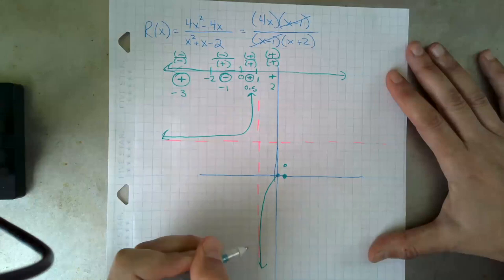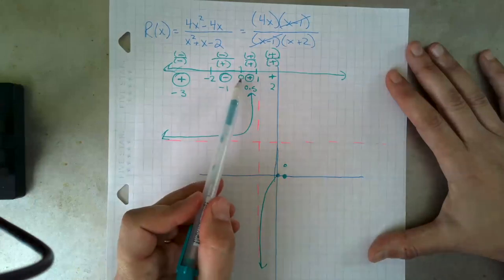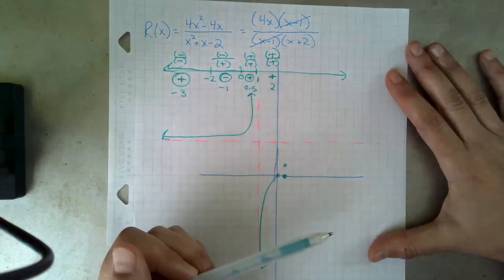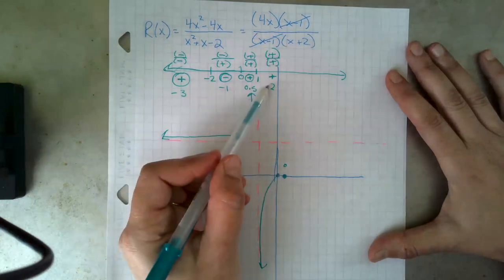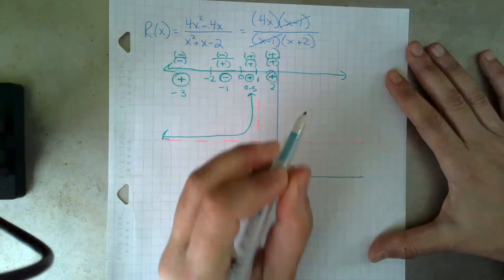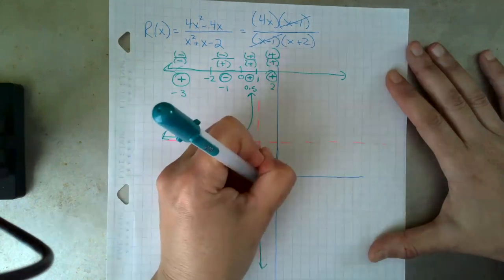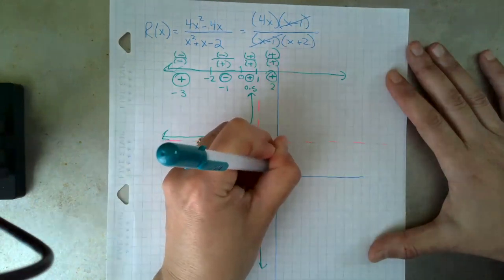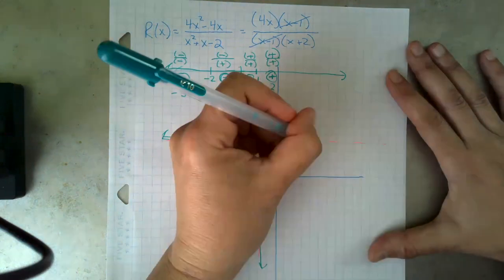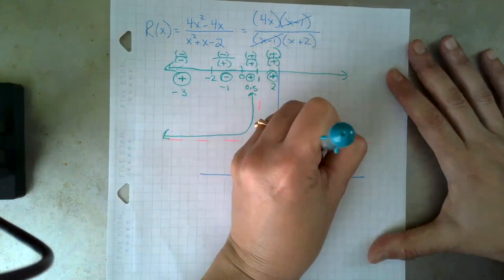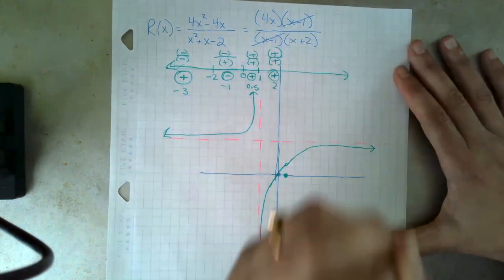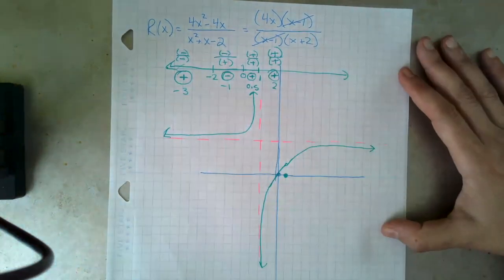And that'll go on forever. Okay, then we take a look in this range from 0 to 1, we are positive and we're heading toward this hole. And then the other side of the hole, we are also positive. So we can continue our arc up to the hole, and we continue on the other side of the hole, and then we are bounded by our horizontal asymptote there, creating that half of the sketch.